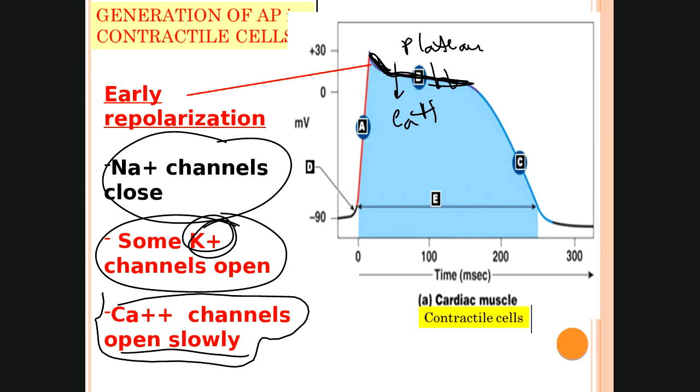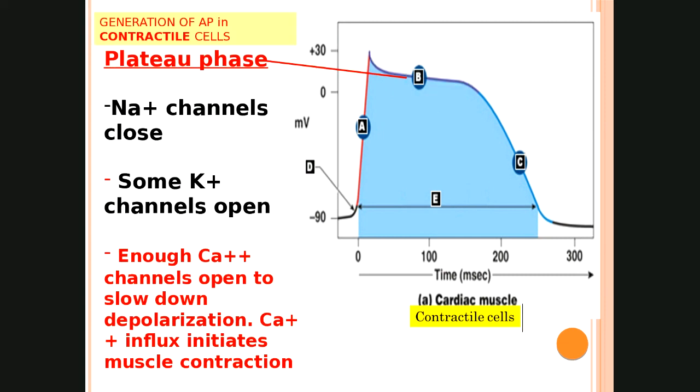The cell remains positive for a little while. That's the plateau. Eventually, however, the calcium channels, which open slowly, are going to close. This is the influx of ions causing the plateau.